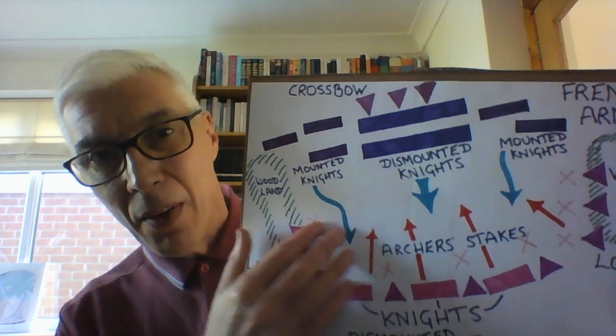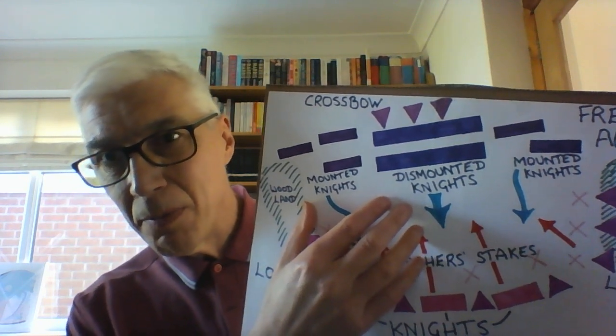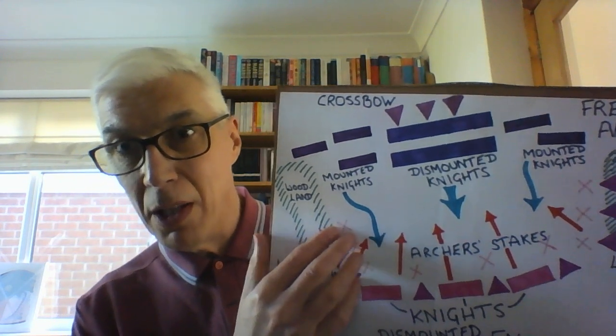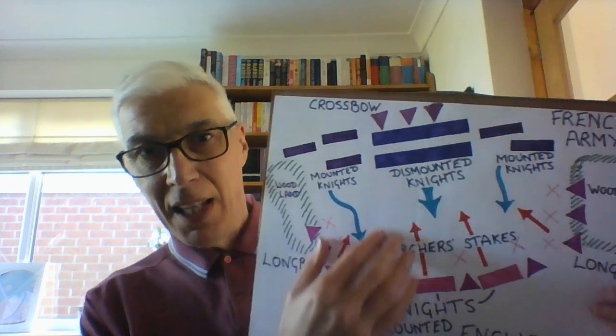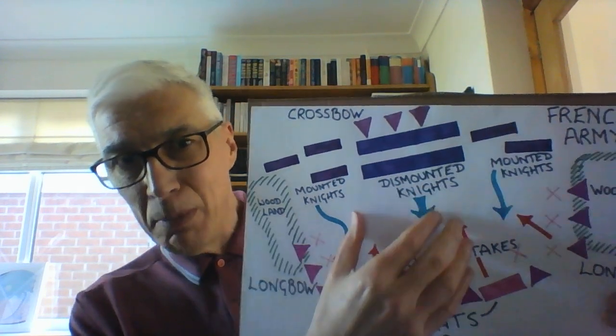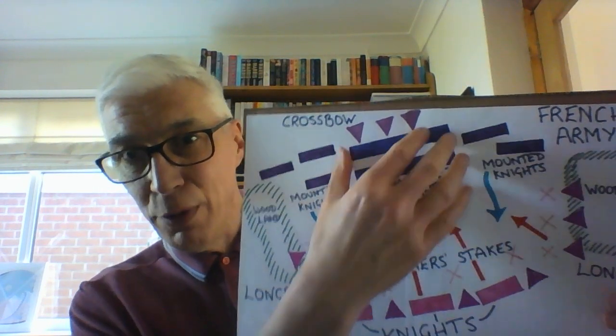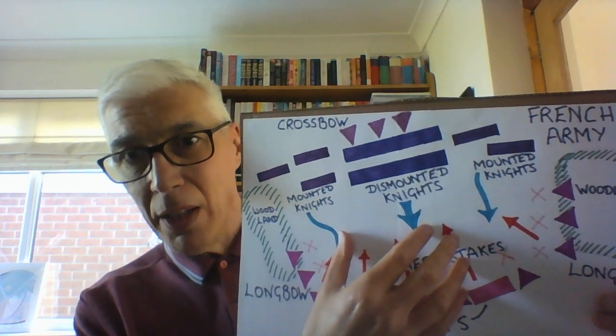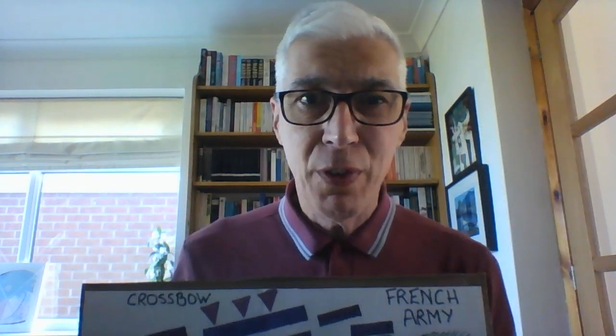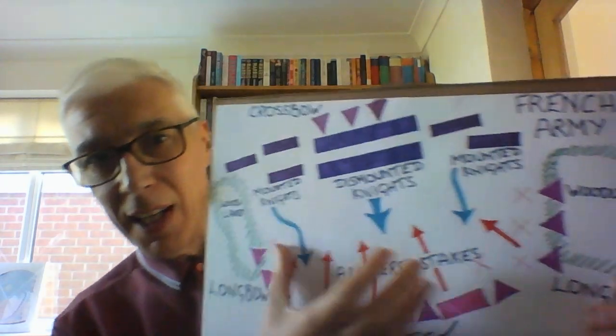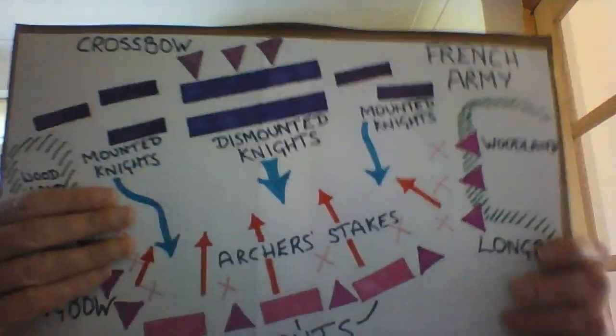What happened next? Well, they start to retreat, because they are being wiped out by the longbows. As they retreat, the dismounted knights, the infantry, are forcing their way through. It is very crowded. Remember, I said it was a narrow gap. People are bumping into each other.